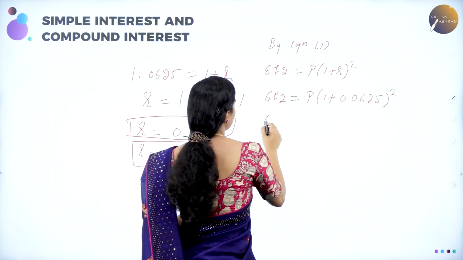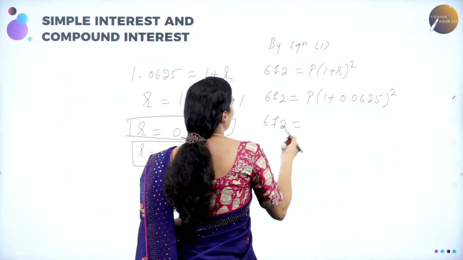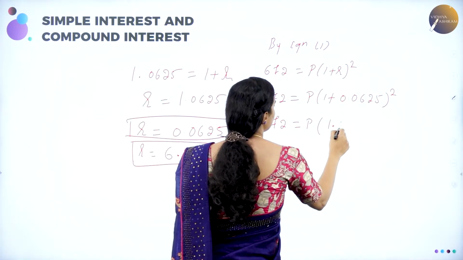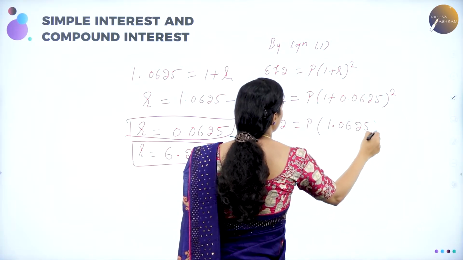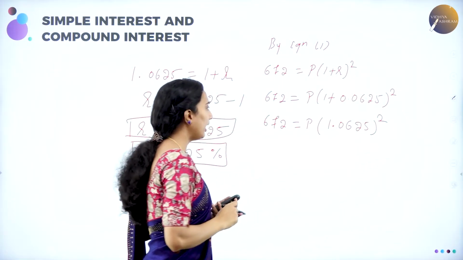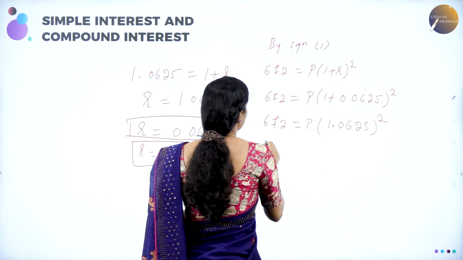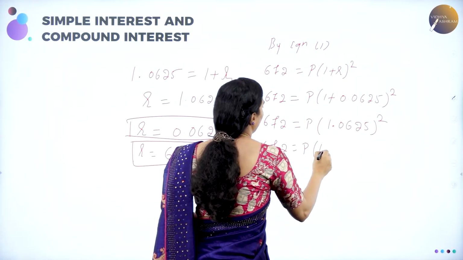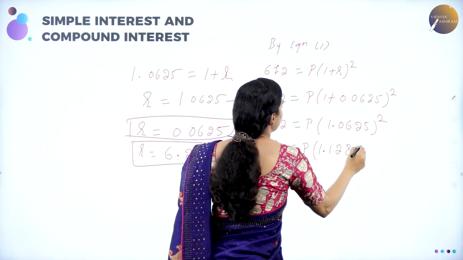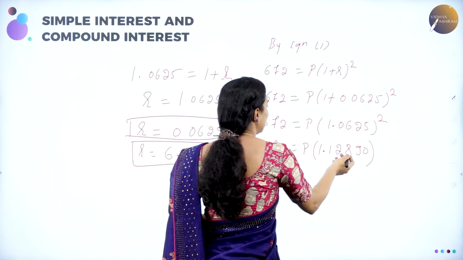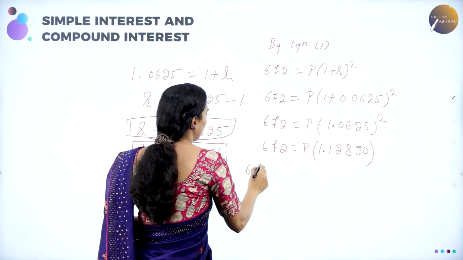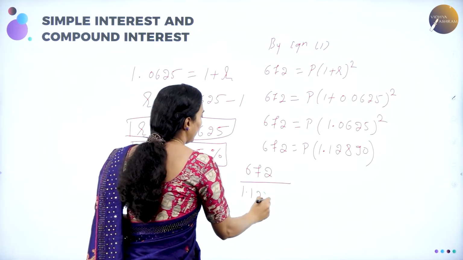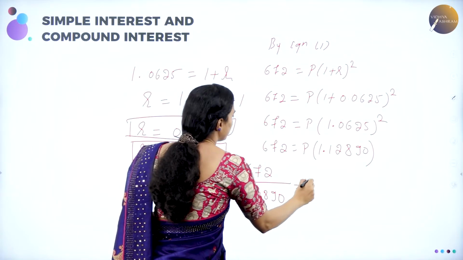Now, this will become 672 is equal to P into 1.0625 whole squared. Let me calculate this in a calculator. It will become 672 is equal to P into 1.12890. Now take this to the other side: 672 divided by 1.12890 is equal to P.